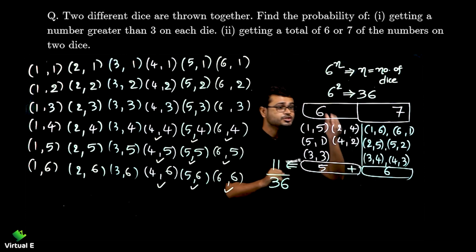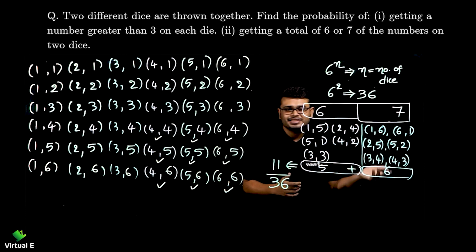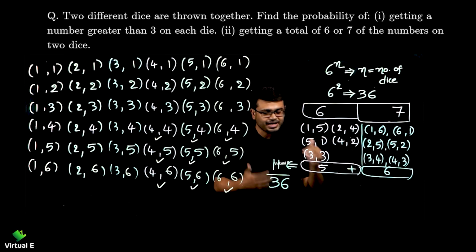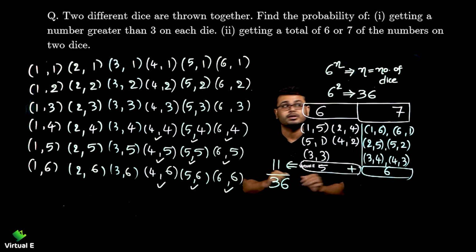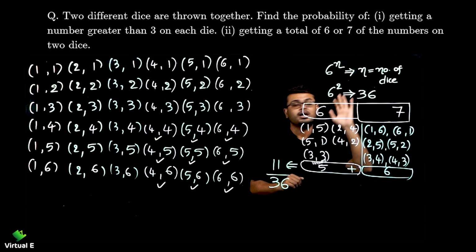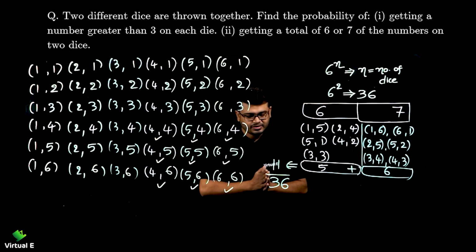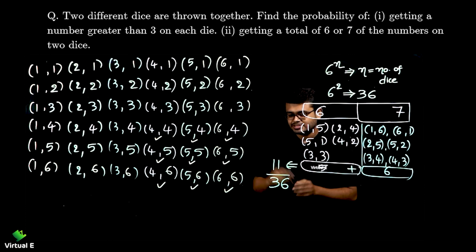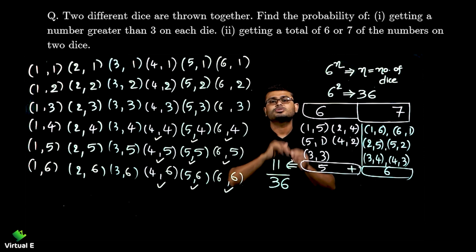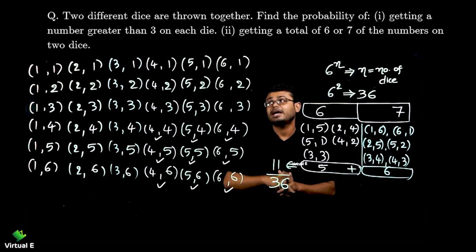So 6 outcomes for 7, simple. So 5 plus 6, 11 are the favorable outcomes, and the total number of outcomes is going to remain 36, right? So this is how we get the answer as 11/36. So this was the topic of the dice, and this was the specific topic of the 2 dice. Now let's move on to the next topic.